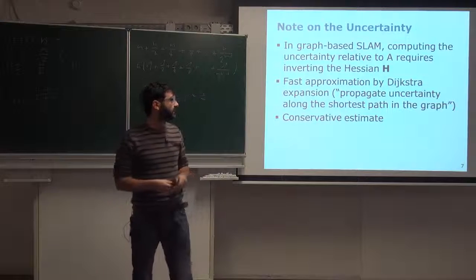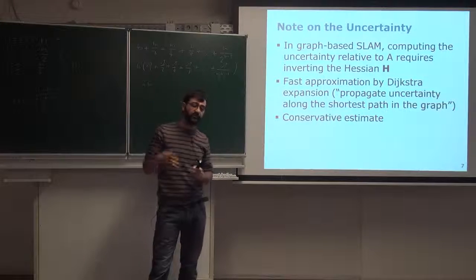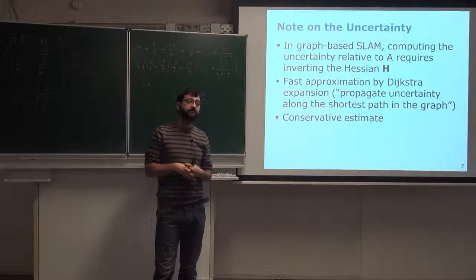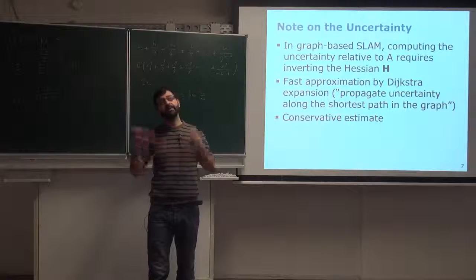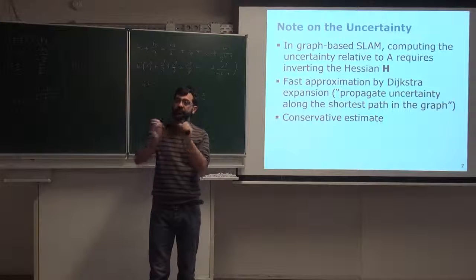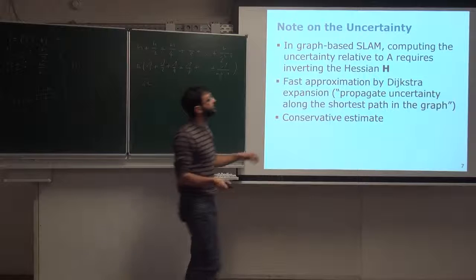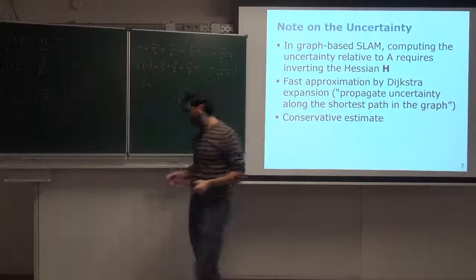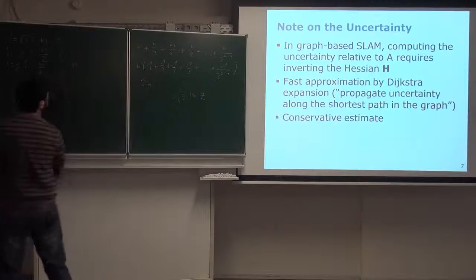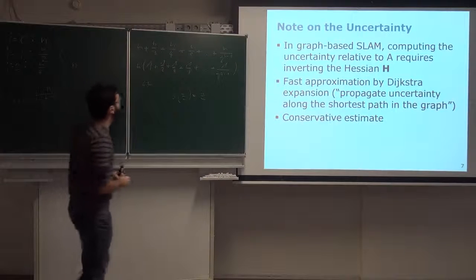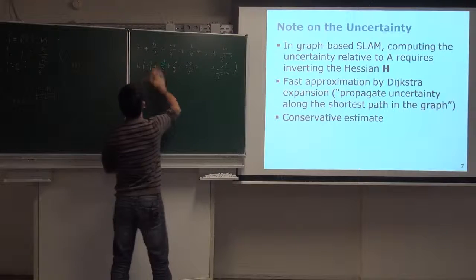So a good approximation for this is to compute a spanning tree or a quick search on the graph. This is what is called Dijkstra expansion. The idea is, just do it quickly like this.